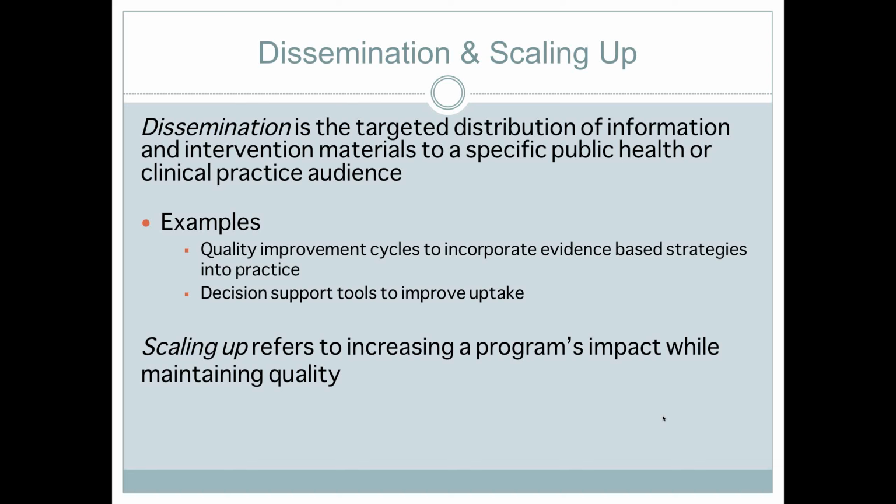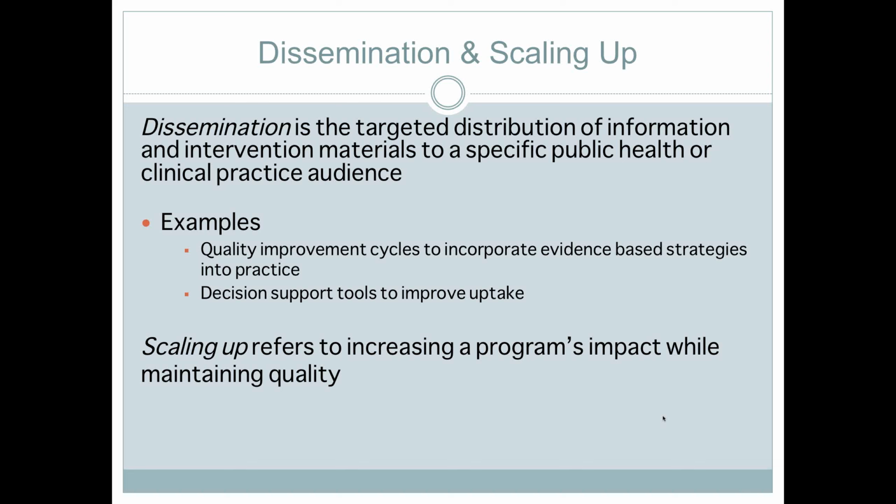Scaling up means you're increasing the impact of the program while keeping the quality the same. And that's really the trick, because a lot of times what happens when you scale up is a program effect seems to decay because there's not adequate fidelity as you replicate.